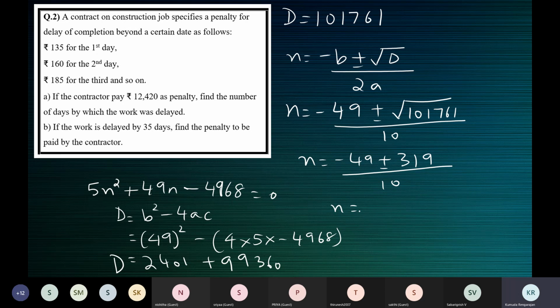Minus 49 minus 319 by 10, we'll ignore that. The positive one, 40 minus 49 by 10. Ma'am, 27.